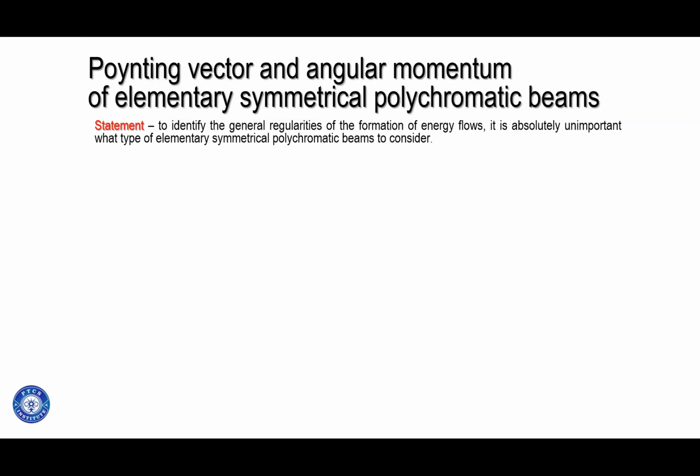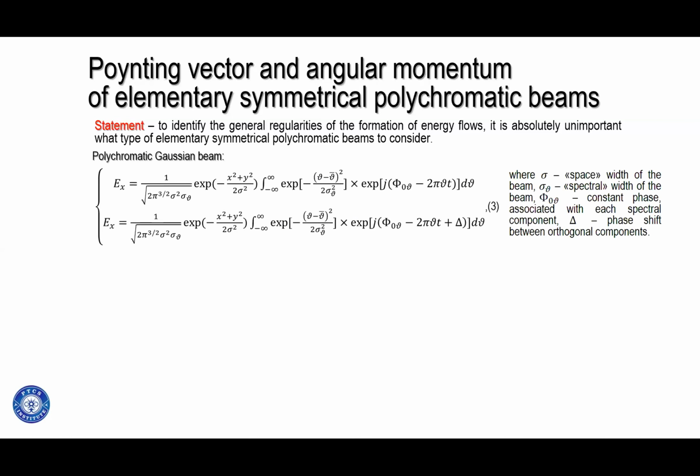Therefore, as such a beam with some angular momentum, we choose a circularly polarized polychromatic Gaussian beam. The components of the electric field for such a beam may be represented as here. It can be seen from this relation that the contribution from the spectral components is governed by a normal distribution.